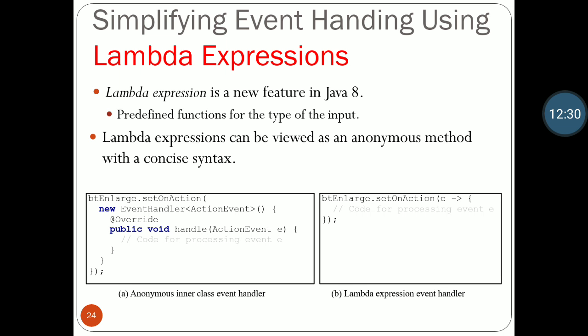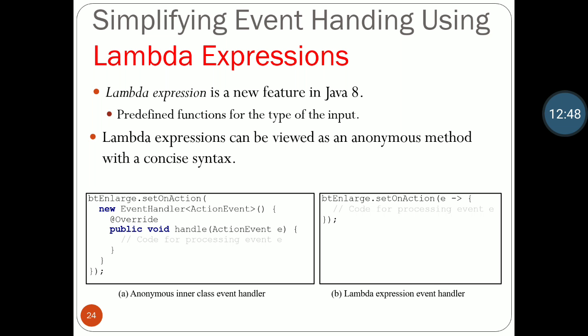Let's simplify it with a lambda expression, meaning you don't have to write that much code. On the left side we can see our code is btEnlarge.setOnAction. In that we are creating a new event handler.